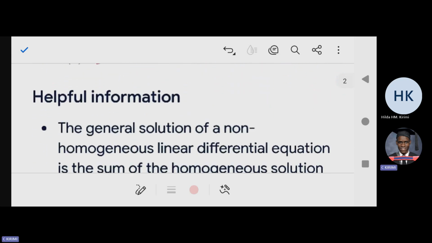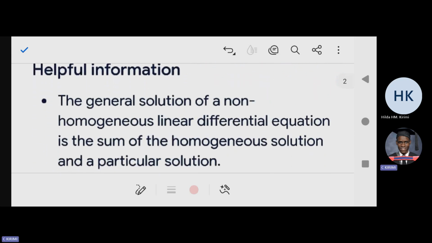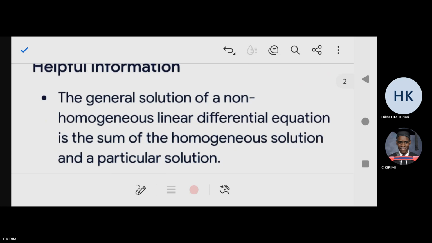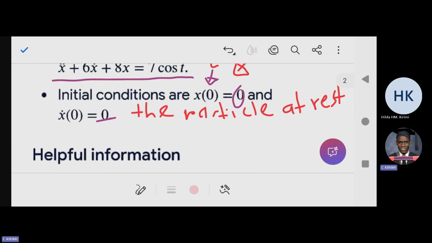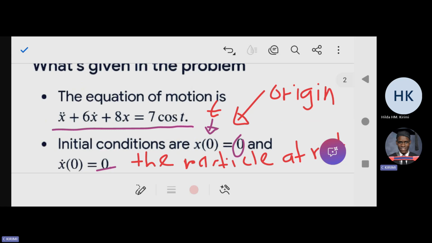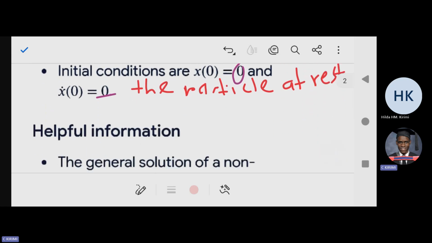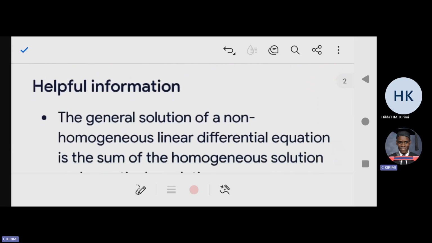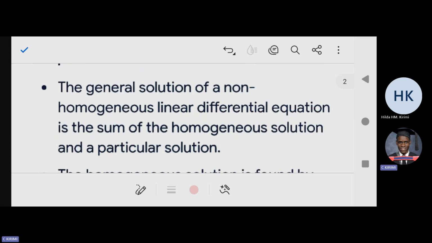Then now you need your information for differential equations. Since we are calculating the general solution for this equation, you must know how that general solution is going to be formed. The general solution of a non-homogeneous linear differential equation is the sum of the homogeneous solution and a particular solution.